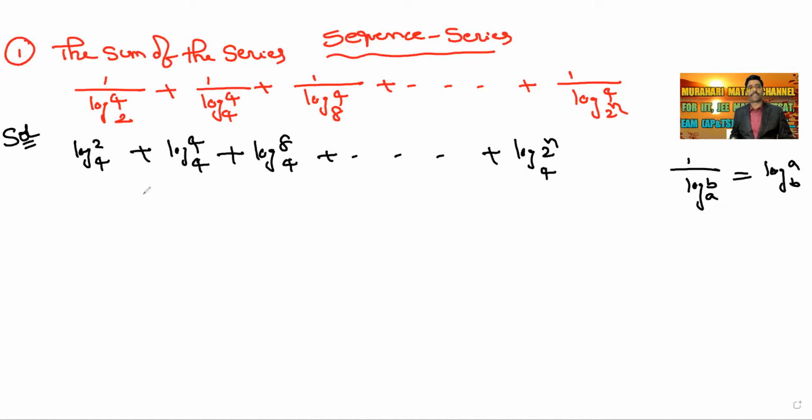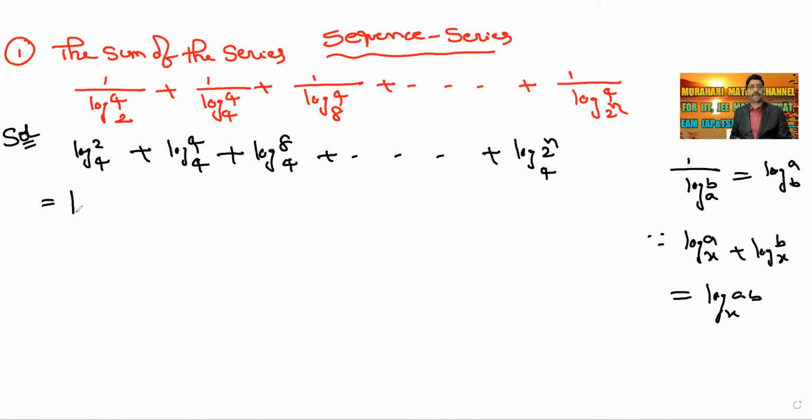Okay, we have one formula: log a base x plus log b base x is equal to log of ab base x. That is, log a plus log b equal to log ab. So we should apply this formula.